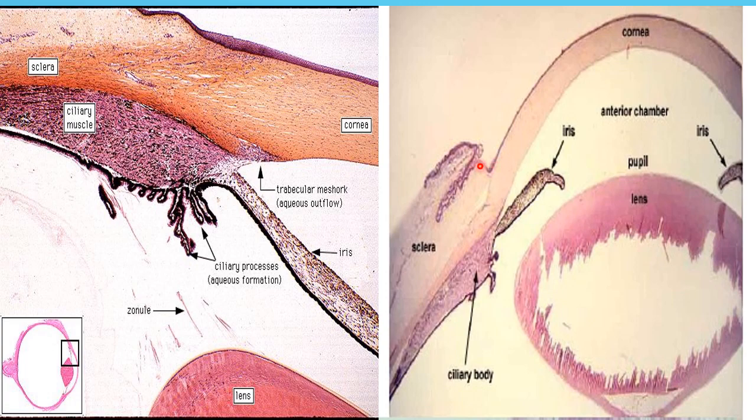The corneal stroma becomes the sclera proper, as it is made of collagen fibers. The endothelium and Descemet's membrane, which is the posterior limiting membrane, make up the wall of the canal of Schlemm and the trabecular meshwork, which is present at this corneoscleral junction, the limbus.